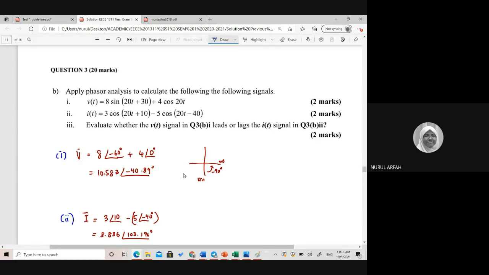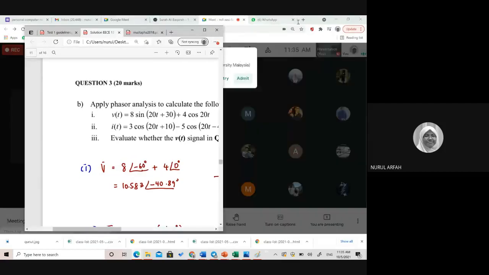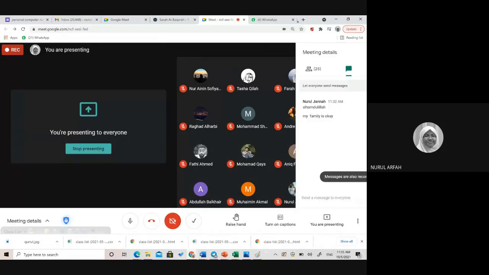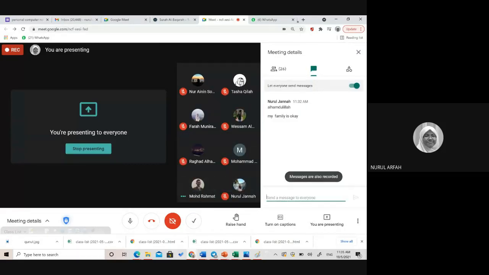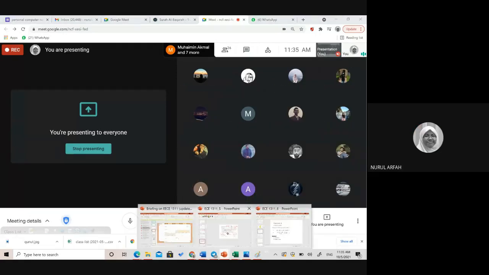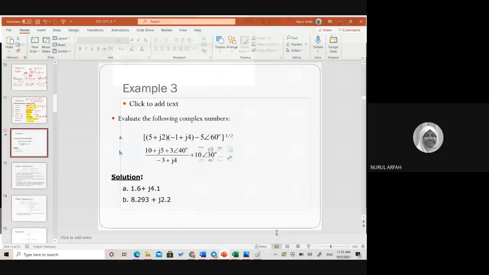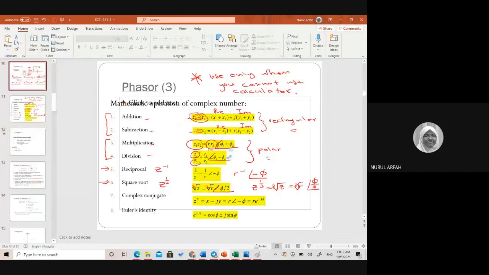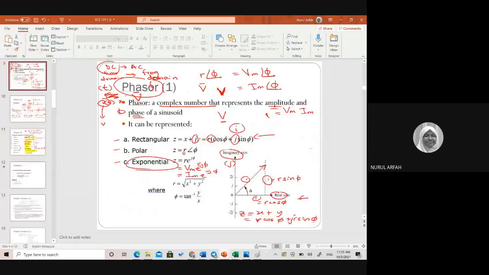Anyone? How many categories of Phasor? 3. Yeah, 3. If you don't remember that, you can go back to your slide. You have this, right? Rectangular, polar, and exponential.